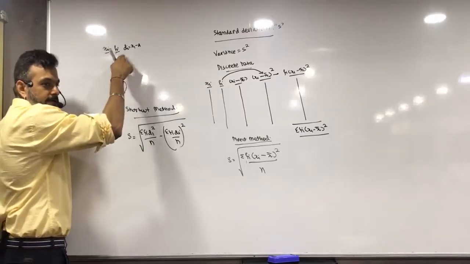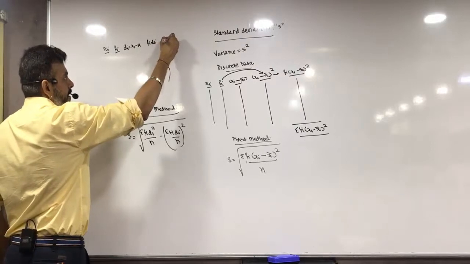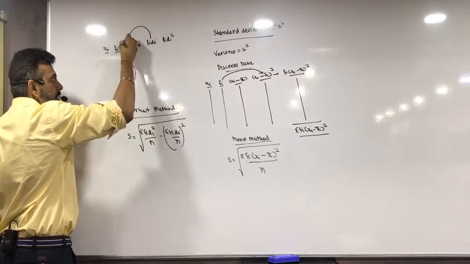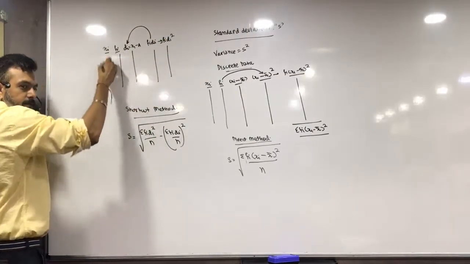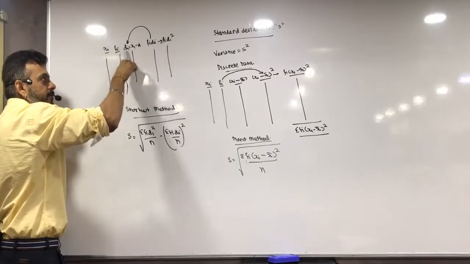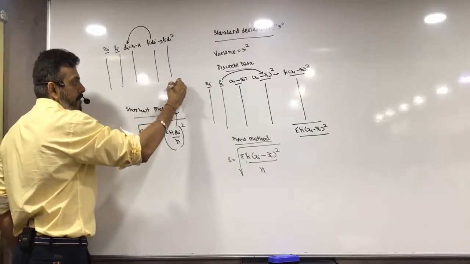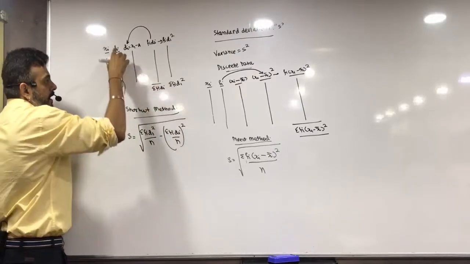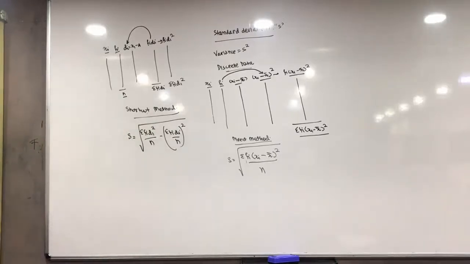Then find fi di, and then fi di square, that is, fi di into di is fi di square. Understood this? Fi di into di, so di into di is di square. Got it? Once you get sigma fi di square and sigma fi di, with n the number of observations, you directly get the answer.